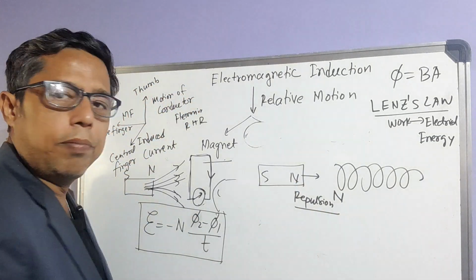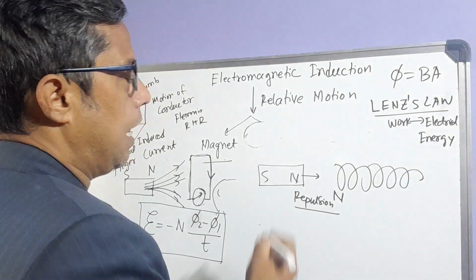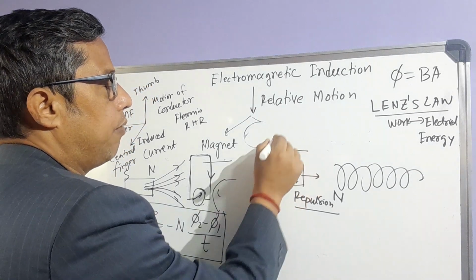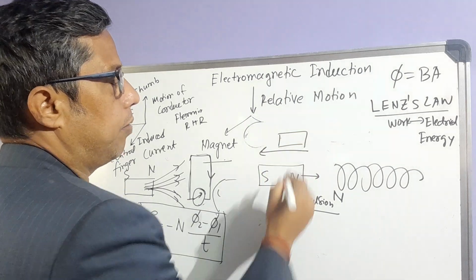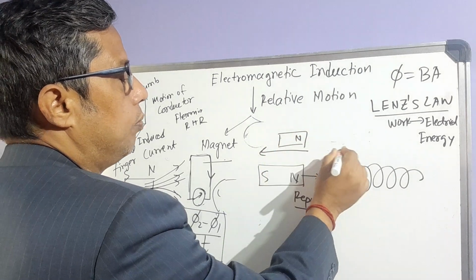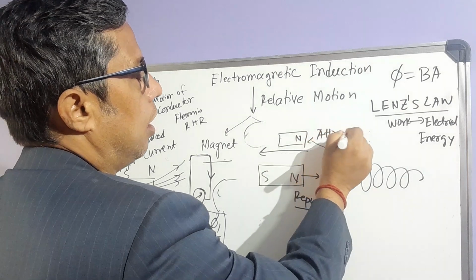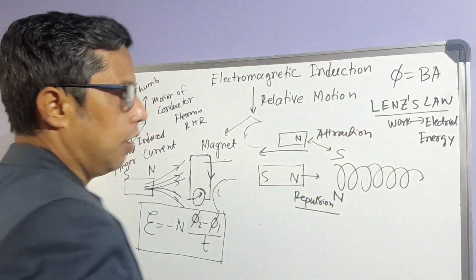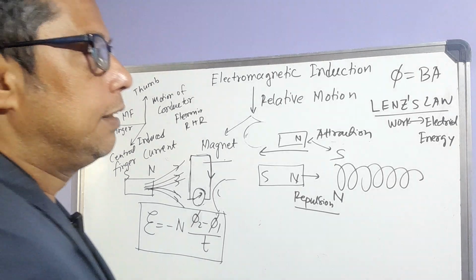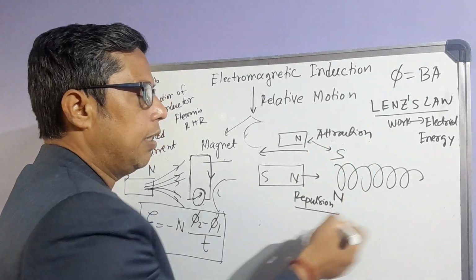And again when this magnet is going away from this direction, then a south pole will be produced here, so that there will be attraction. So in both cases, we can see that the change in flux is opposed by this event.